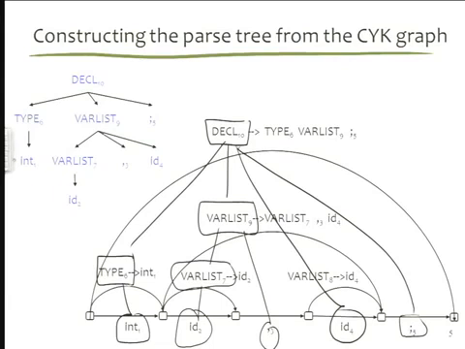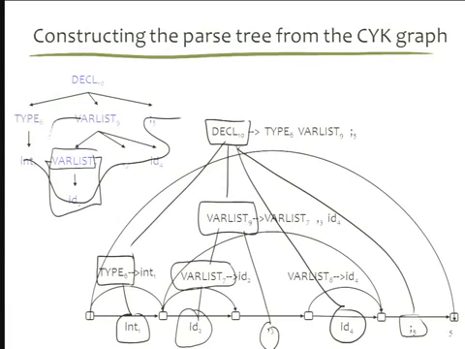Well, this ID was derived from this var list using this. This is one production, right? And here is another production that we used. So the parse tree, always between the parent and the children, shows the production that was used to derive that input string. Does the CYK parser discover these productions?